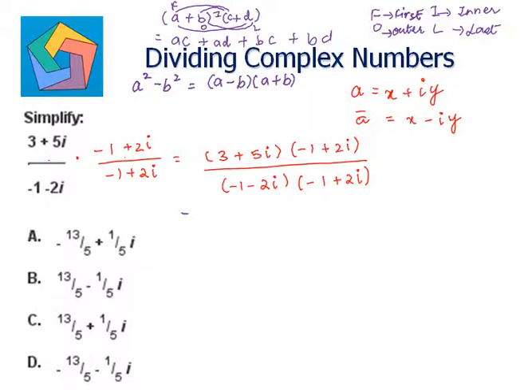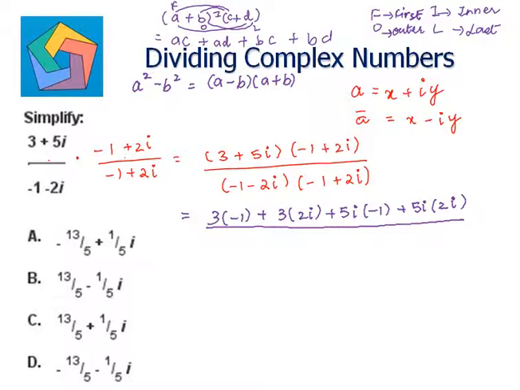So applying FOIL in the numerator, I get 3 times -1 plus 3 times 2i plus 5i times -1 plus 5i times 2i, and applying the difference of squares in the denominator, I get (-1) squared minus (2i) squared.